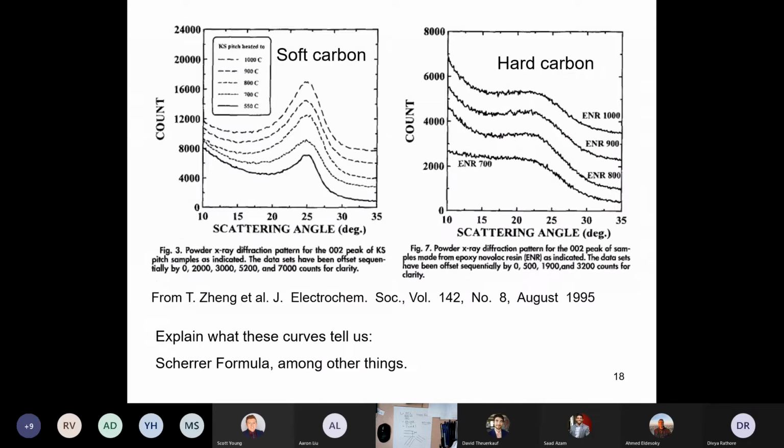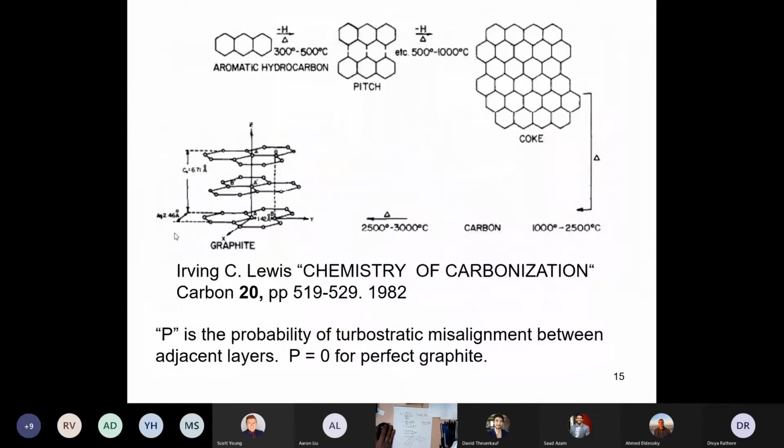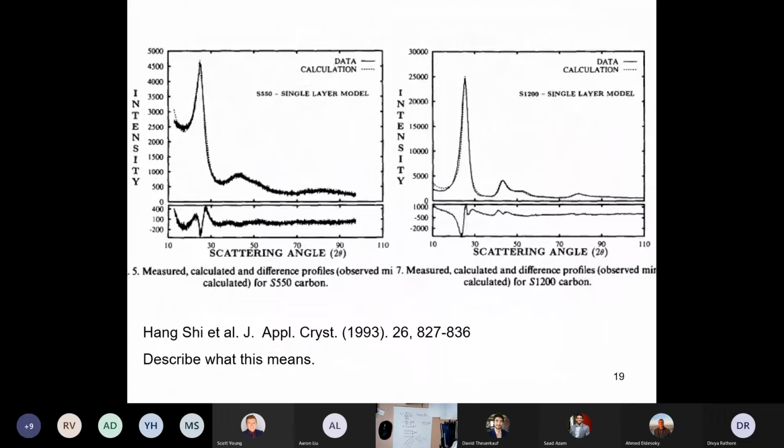So for example, go back here, what's the lateral dimension of the graphene sheets, all right? And the probability for turbostratic misalignment between adjacent sheets.